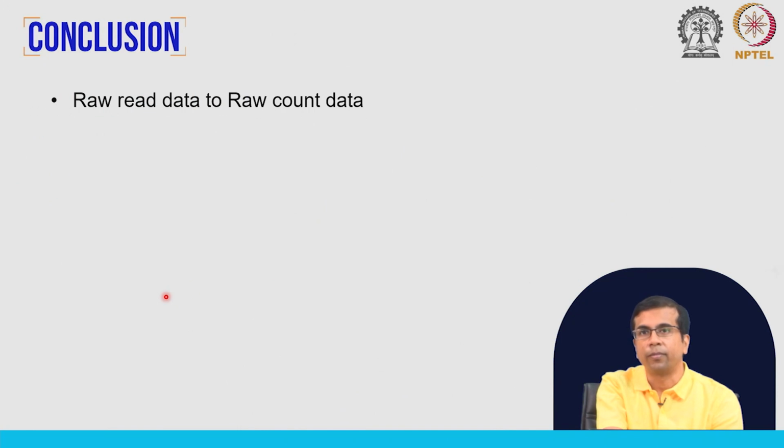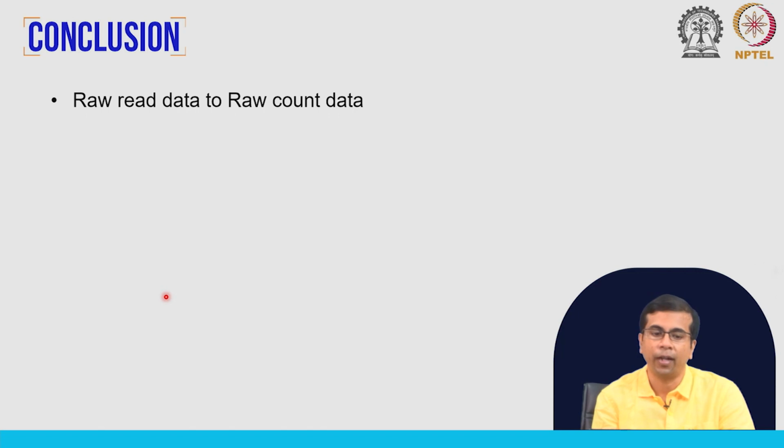So, what we have discussed is how we go from raw read data to raw count data, right. This is the quantification step in RNA sequencing, and this is a very important step. We now have the abundance of transcripts quantified in terms of numbers, as you have seen.